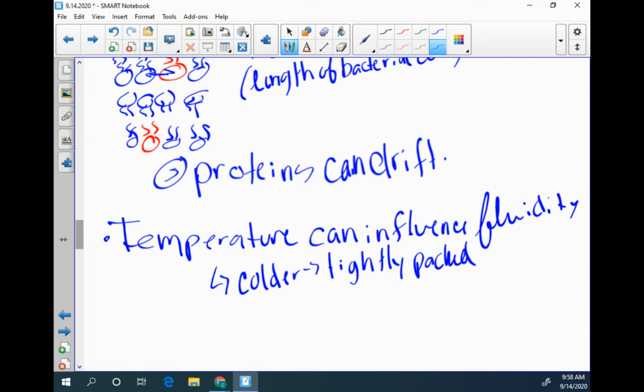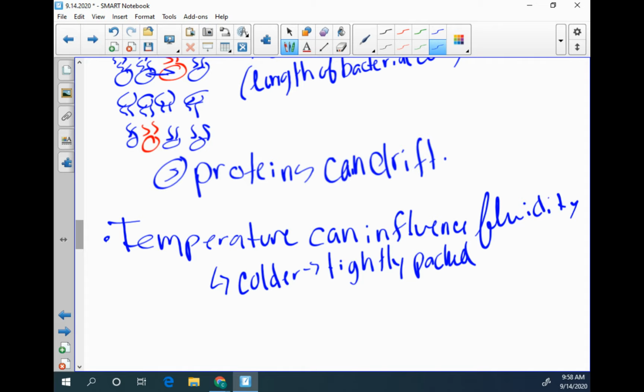When you cook bacon, when you just got done, it's a liquid, just like an oil coating the bottom of the pan. But if you leave that there and don't clean it immediately, it'll congeal into almost a paste. Plasma membranes behave similarly. The colder they are, the more tightly packed those membranes are, so the more solid they are. But that's not good, because we need that fluidity to keep our cells going.